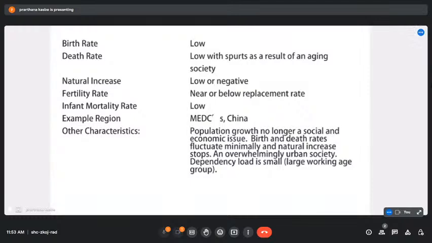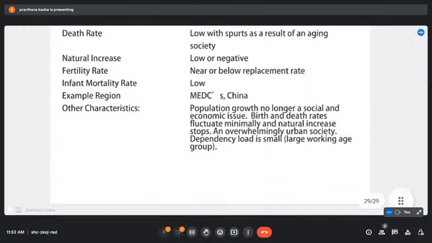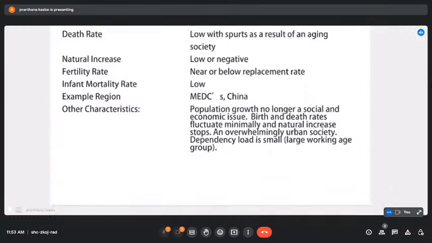Natural increase is low, or maybe it is negative. The infant mortality rate is low. The fertility rate is near or below the replacement rate. For example, the region of MEDs.